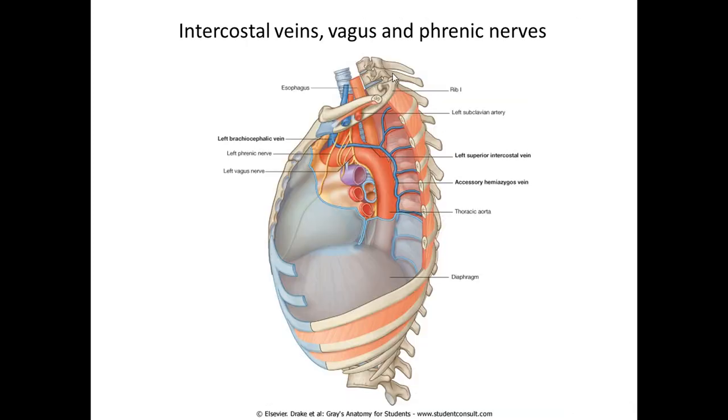This is a sagittal illustration showing the intercostal veins, which are the veins within the intercostal spaces, and then they are draining into the brachiocephalic vein. We will talk about the esophagus and hemiazygos system in the coming lectures. And then we have the phrenic nerve and the vagus nerve here.